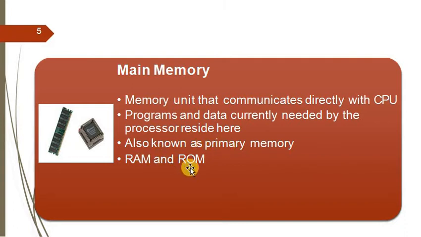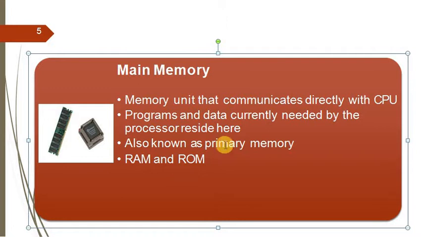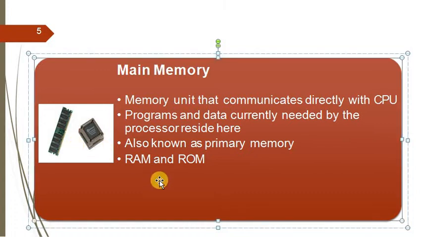Examples are RAM and ROM. So, I think you understand what main memory and cache memory are. Now we will see RAM and ROM.